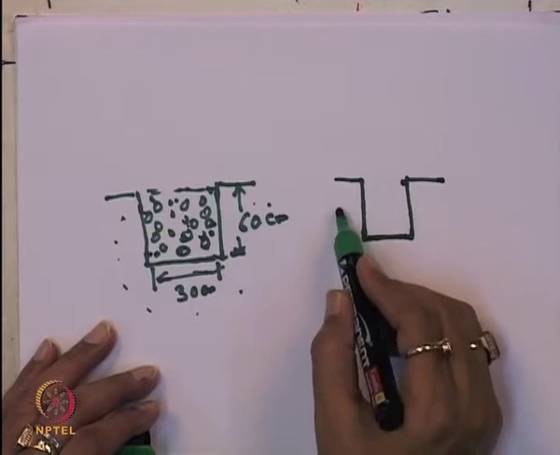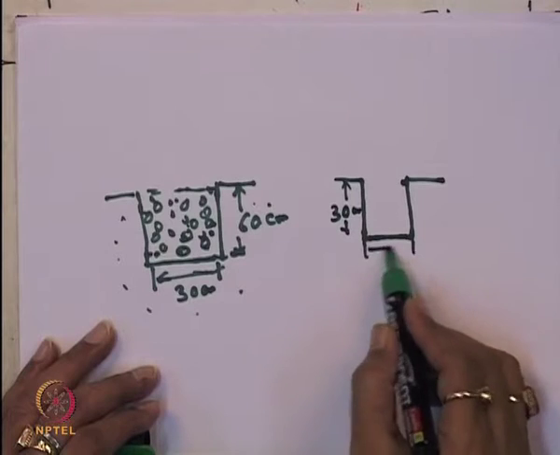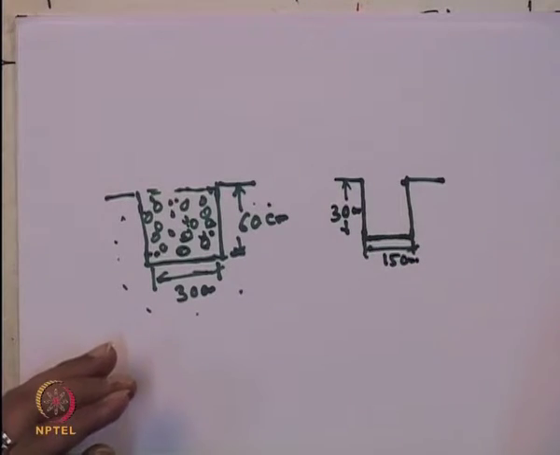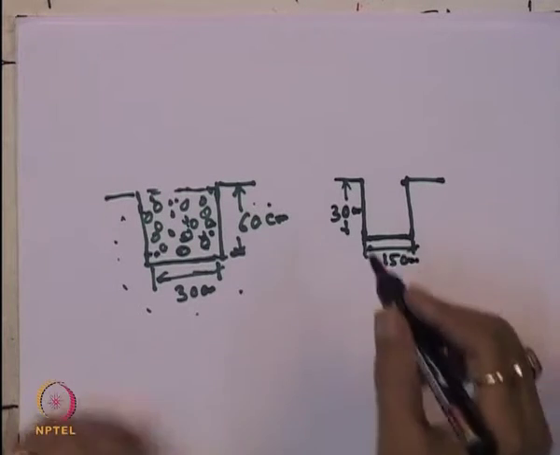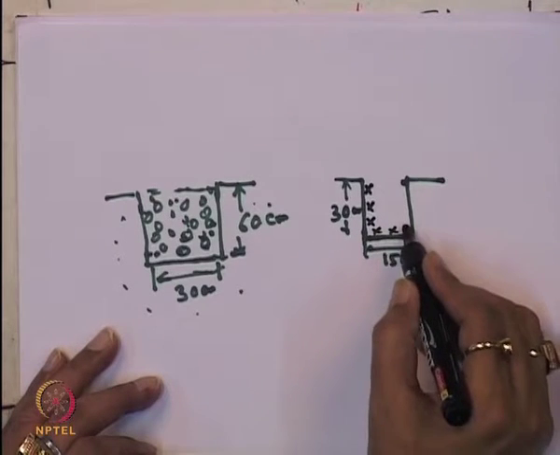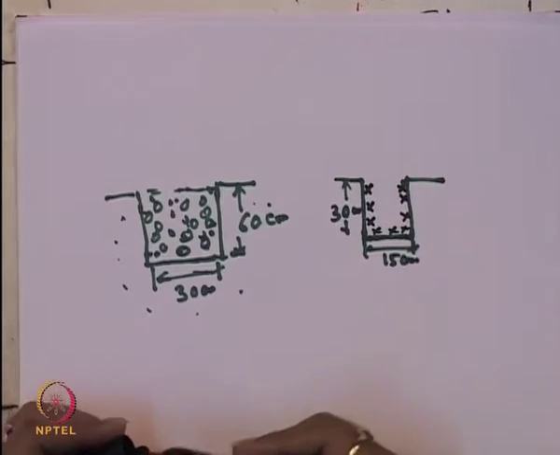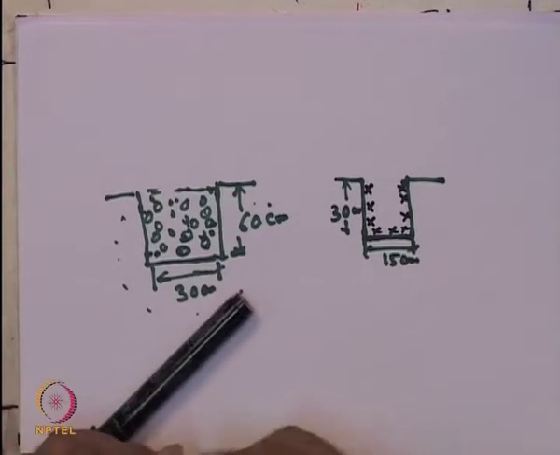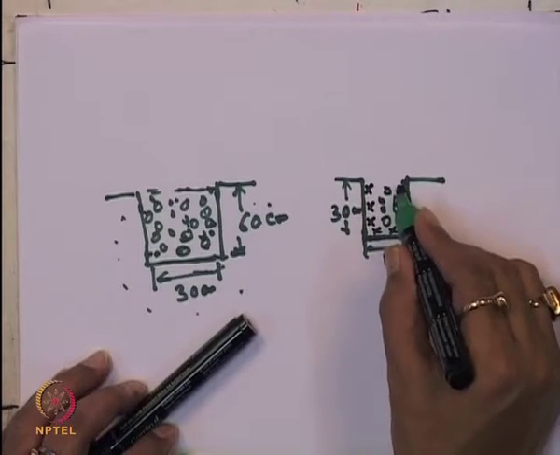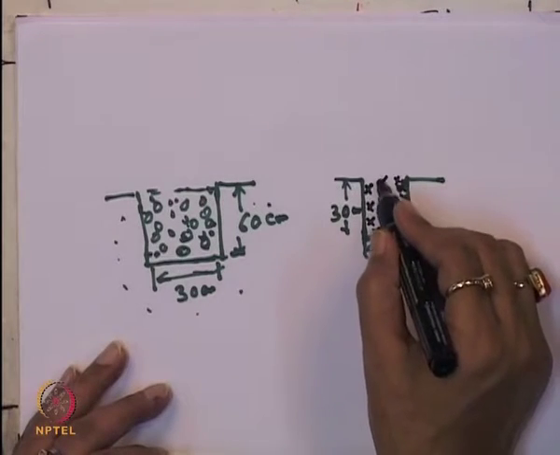You can excavate 30 centimeter and then also 15 centimeter, and you can place a layer of geotextile material, and then you place the aggregate, and then you wrap it with geotextile material.